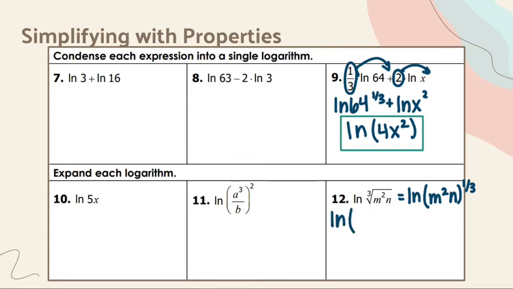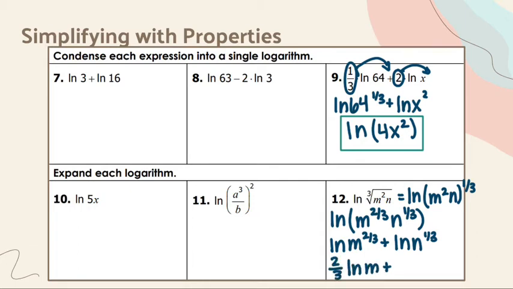So the natural log of m to the 2/3, because 2 times 1/3 is 2/3, and n to the 1/3. Then we're going to separate that into addition, because multiplication expands into addition. Natural log of m to the 2/3 plus natural log of n to the 1/3. And finally, we bring our exponents down as coefficients. So our final answer is 2/3 natural log m plus 1/3 natural log n.